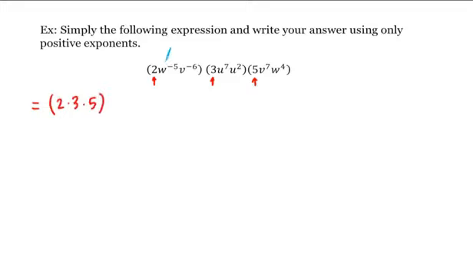And then multiply the w terms together, so times w to the negative 5th power times w to the 4th. And then group the v terms together. We have this term and this term, so times v to the negative 6th power times v to the 7th.